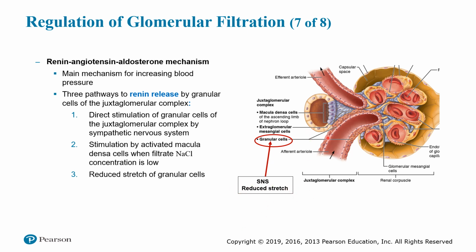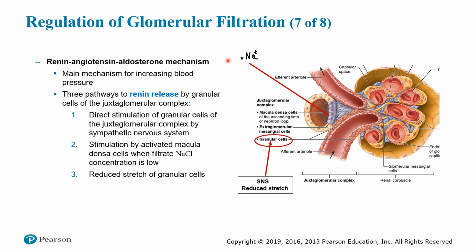There is reduced stretch of the afferent arteriole, and these cells detect it, and hence they secrete the renin. They know it is time to secrete renin. And then what is the other mechanism? There is stimulation of the macula densa when filtrate NaCl concentration is low.